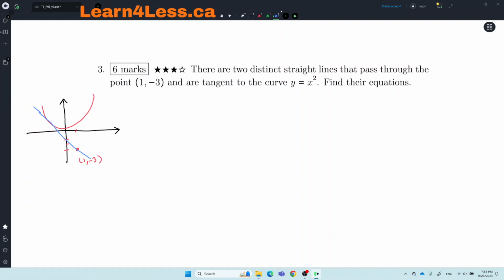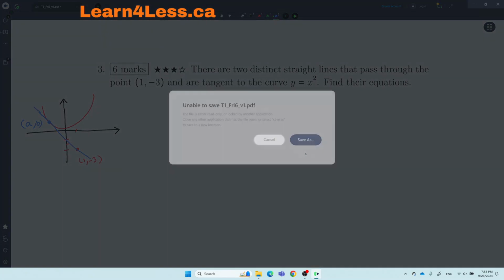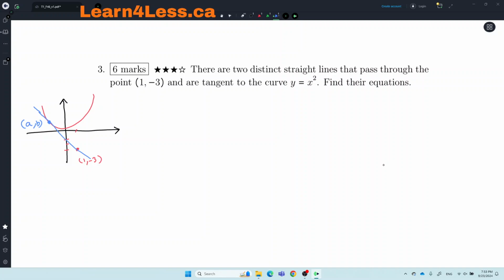So let's just name it. We know it's touching the curve at this point, so let's give it a name. This point has coordinates a and b. We don't know what they are right now. But we can say something about b actually. Because the point (a, b) is on the curve, the y coordinate, which is b, should be, what is the curve?